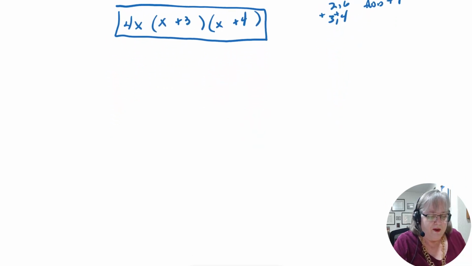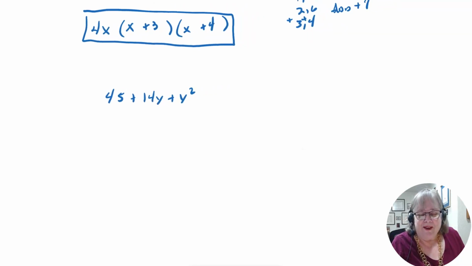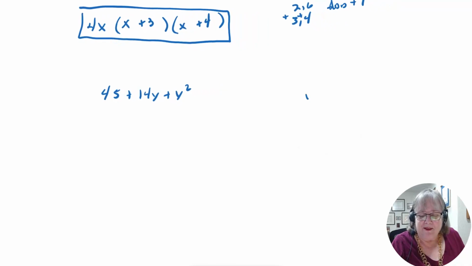All right. What about 45 plus 14y plus y squared? This was a little weird, or unexpected. So if it disturbs you that the y squared's on the end, you can rearrange it and say y squared plus 14y plus 45.